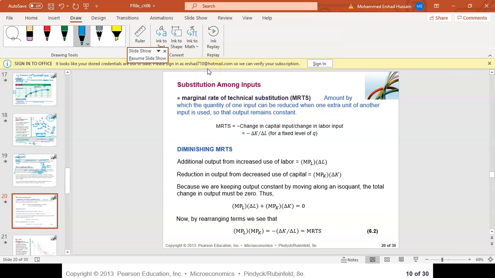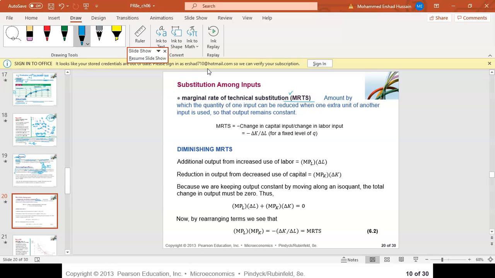Now, substitution among inputs. The marginal rate of technical substitution is MRTS, as we call it. This is the rate at which one input can be replaced with another input. One extra unit of labor can replace some capital while still producing the same output.